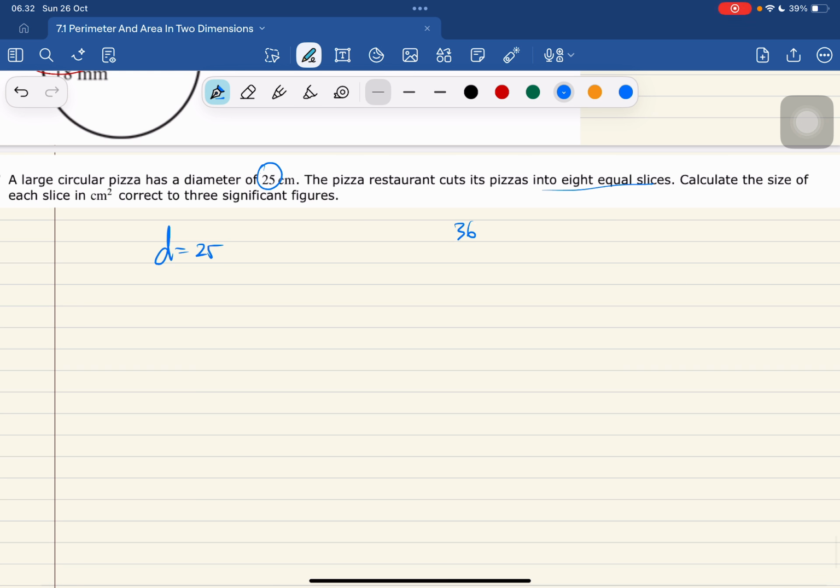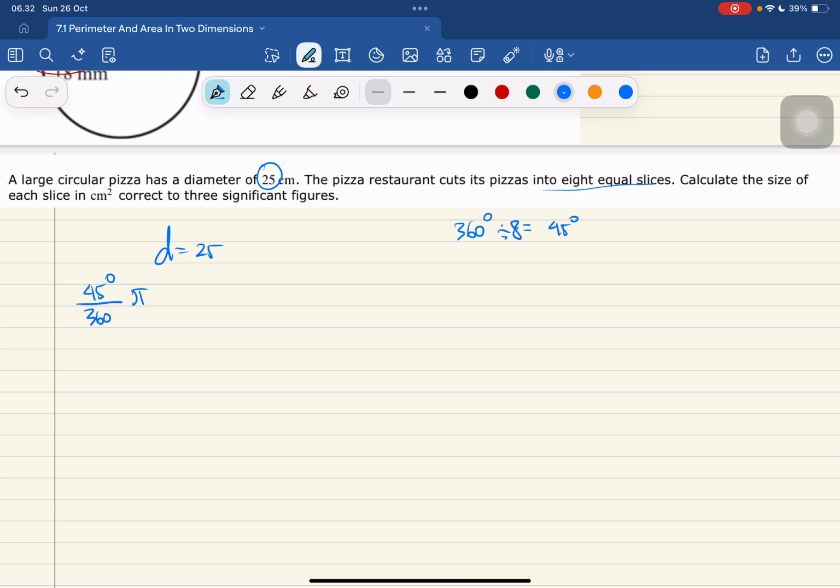Okay, 8. So 360 degrees, if we divide it by 8, how many degrees for each angle? 360 divided by 8 is going to be 45 degrees. So we need to find 45 degrees of 360. Calculate the size. Size means the area.